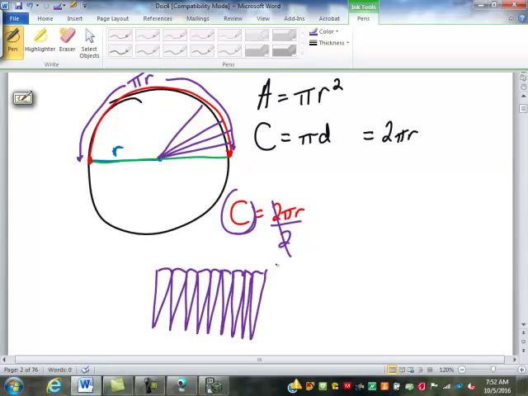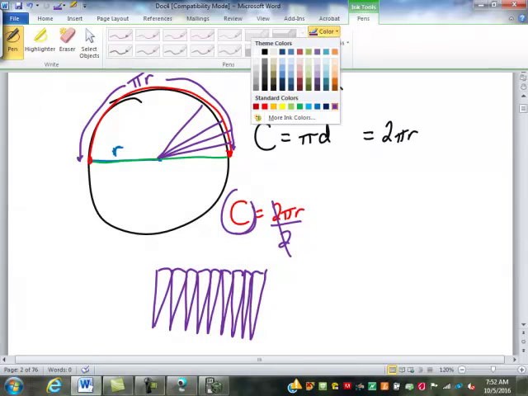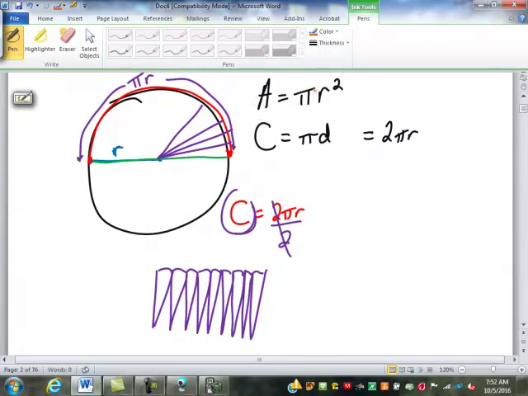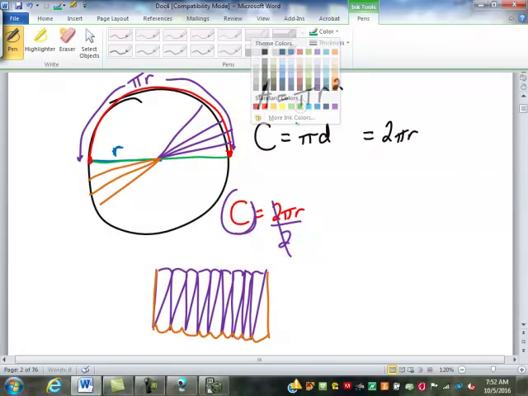Then I'm going to take the other half circle and cut it into equally thin pie slices, fan those out and slide them in to the other ones. What I have right now, if I cut those slices thin enough, basically turns into a rectangle.